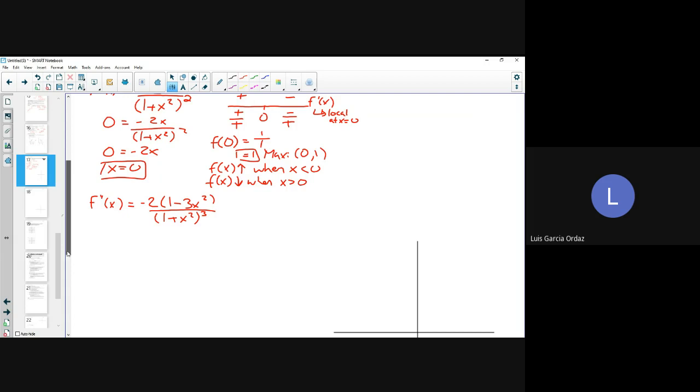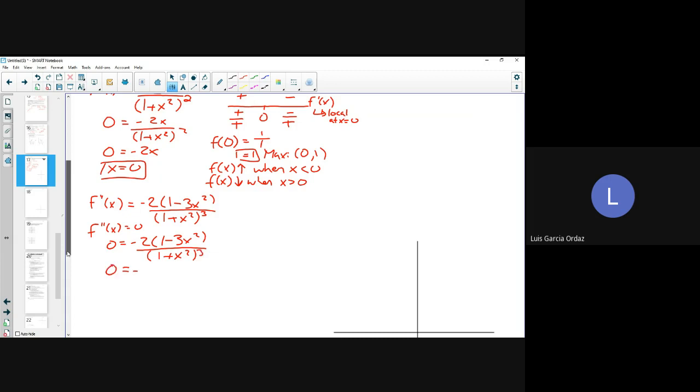So now let's check when my second derivative is equal to 0. So I get 0 is equal to negative 2 times (1 minus 3x squared) over (1 plus x squared) to the power of 3. I cross multiply.